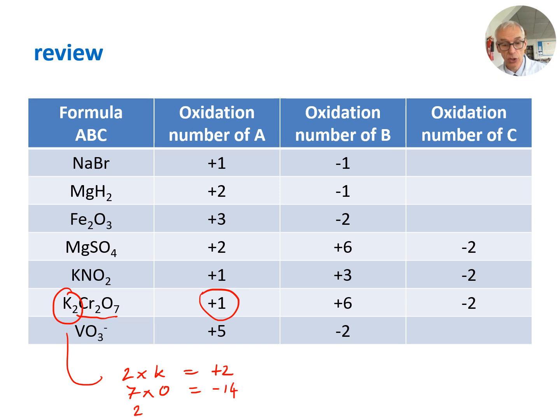We've got 2 times chromium. They must all sum to 0, so 2 times chromium must be 12, so each chromium must be +6. Okay, so again, if you've got issues with any of those, go back and look at the rules more carefully.